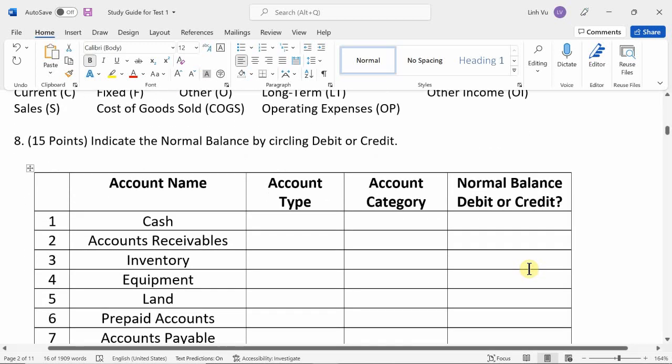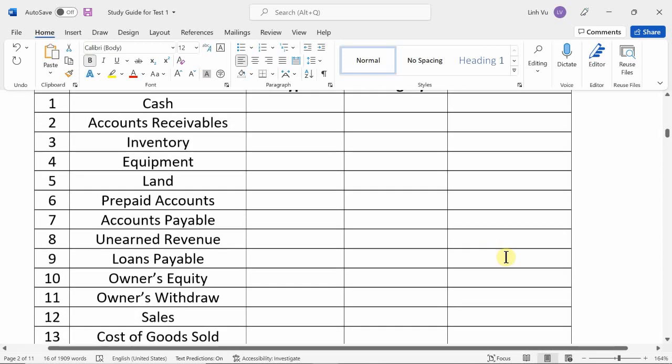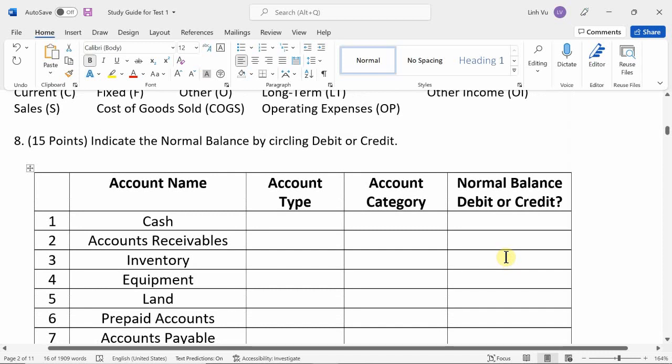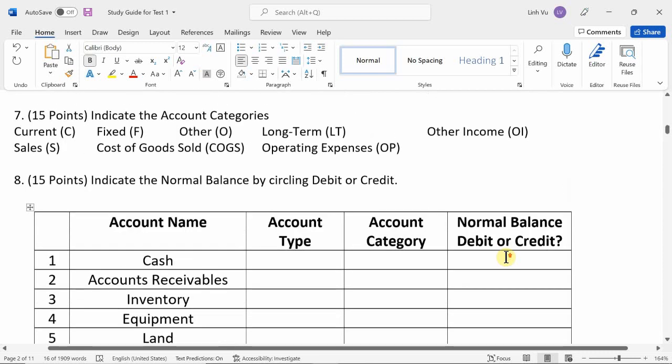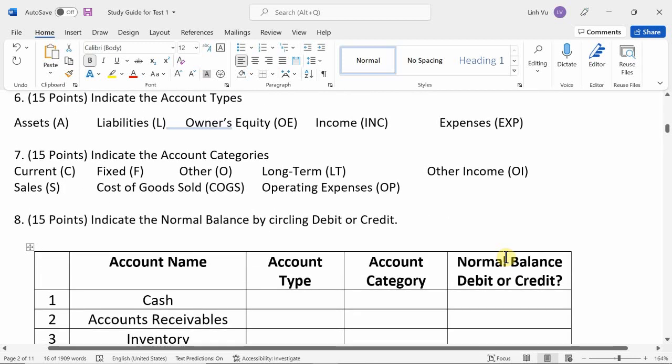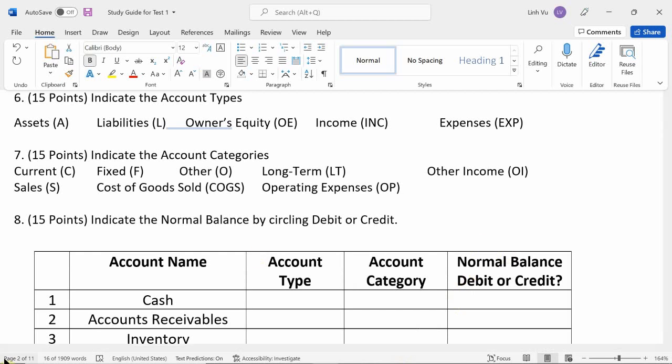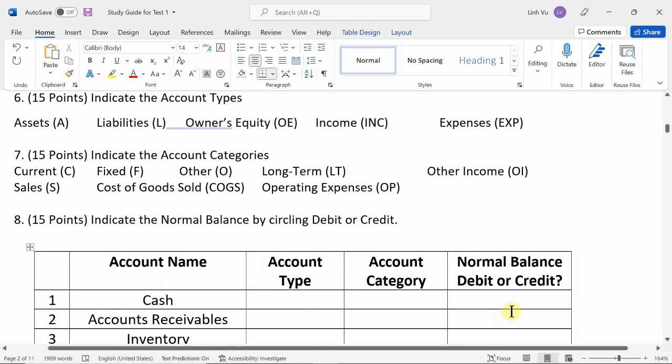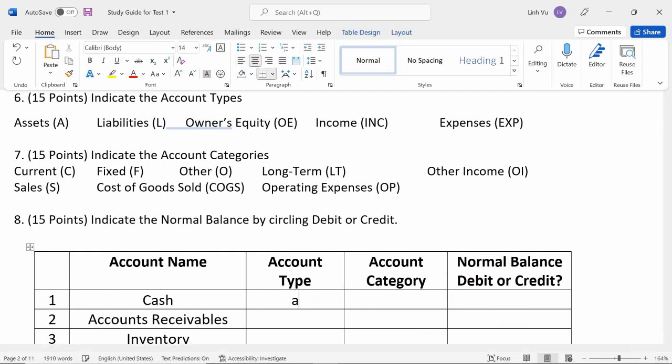In this case, I don't have it set up that way, but this is just a little easier to get through all the questions. So number 1, cash. What kind of account type would cash be? Remember, there's only 5 account types. Is it an asset? It is an asset. I'm going to use abbreviations.